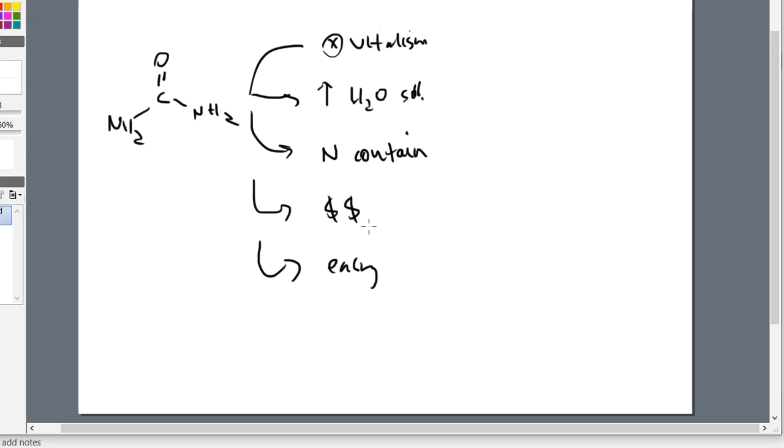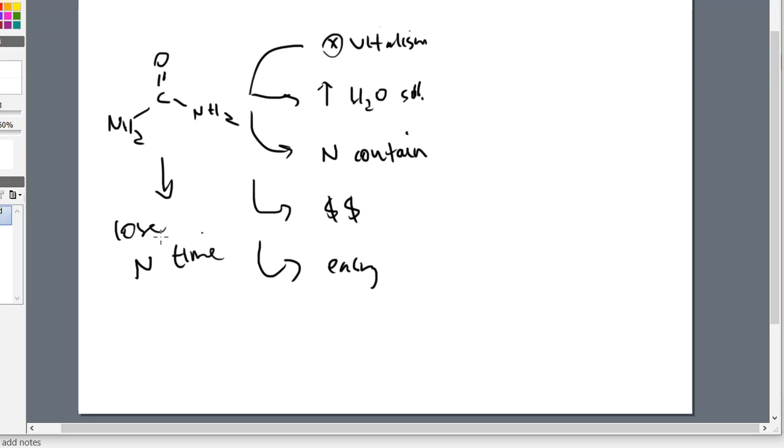All right. One of the bad things here is that urea, just due to the way that it's made, is an organic compound, not a salt, not an ionic compound, but urea can actually lose ammonia, or in other words, nitrogen. So it can lose nitrogen over time.